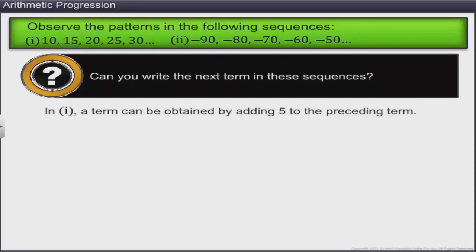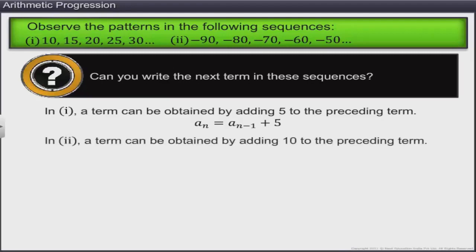In the first sequence, a term can be obtained by adding 5 to the term preceding it. That is, the nth term can be obtained by adding the n-1th term and 5, which is the difference between two consecutive terms. Similarly, in the second sequence, each term can be obtained by adding 10 to the term preceding it.